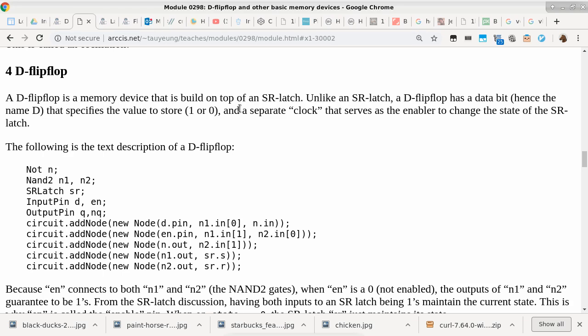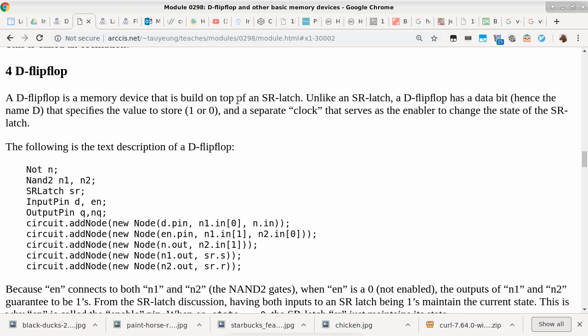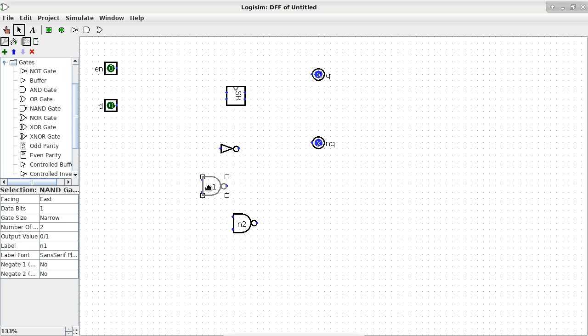All right, so let's try to hook them up. Draw wires between them. So the D pin, which is an input pin, goes to the first input pin of the first NAND gate. It also goes to a NOT gate, which is kind of like a standalone thing. So we'll hook up those three components. Yep, there we go.